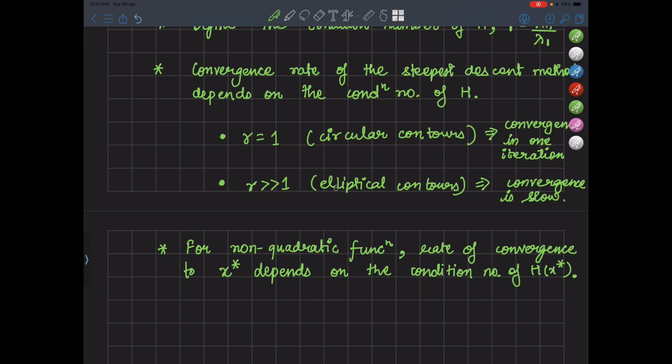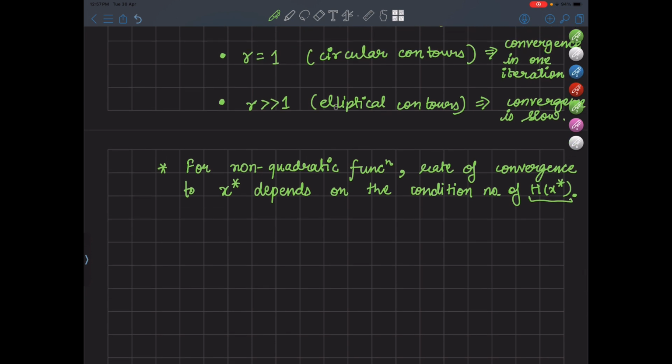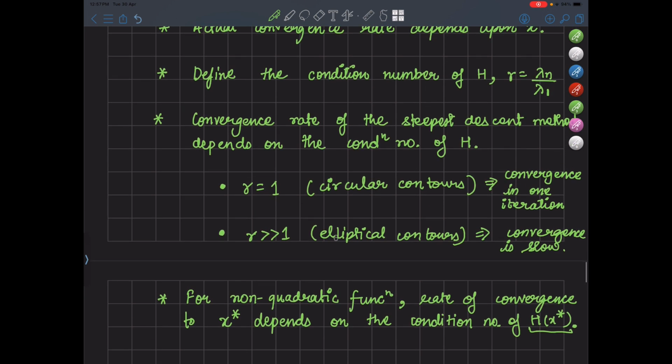The condition number of this matrix will determine the convergence for a non-quadratic function. All right. So this is how we analyzed the steepest descent method.